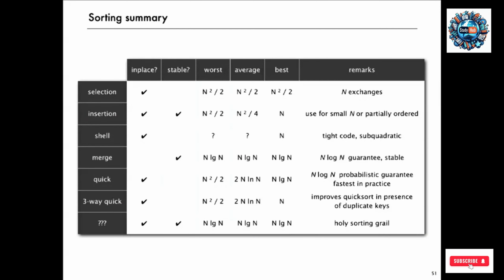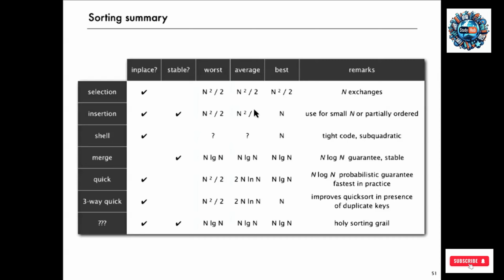So here's a summary of some of the things that we've talked about. We've talked about 6 different sorting algorithms, and we've talked about a bunch of attributes. For example, the top line, selection sort is in place. It always takes about n squared over 2 comparisons. And one of the things to remark about it is that it only uses n exchanges, and so forth.